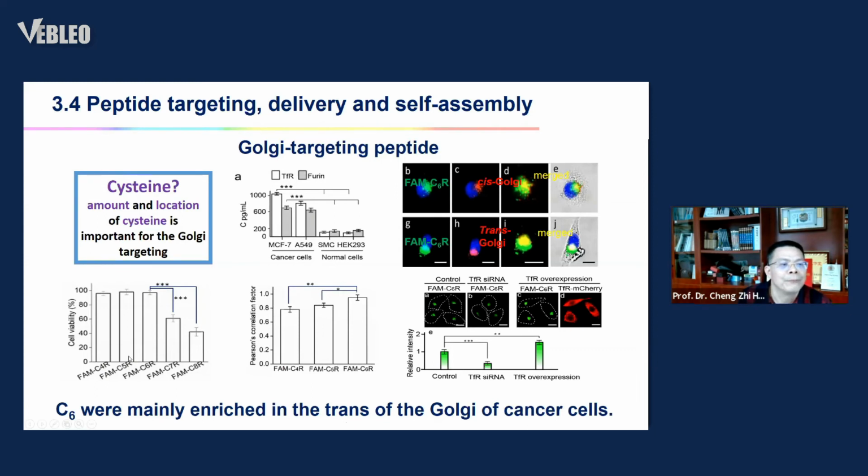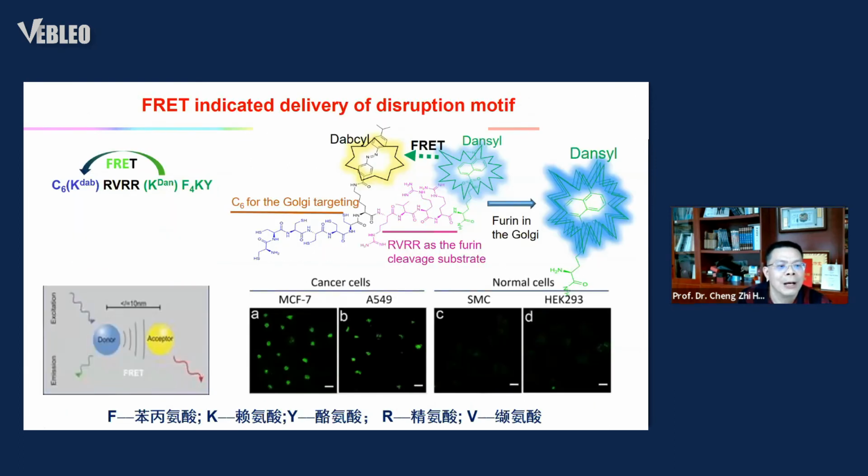As I stated before, cysteine was the targeting and the assembly process could be made with the size of freight and a signal by combining these units of targeting, delivery, and assembly together. A 16 peptide composite, which was composed of targeting unit of 6 cysteine, furin restriction unit of RVRR, which coupled with freight donor and acceptor K, and then assembly unit of L4KY.